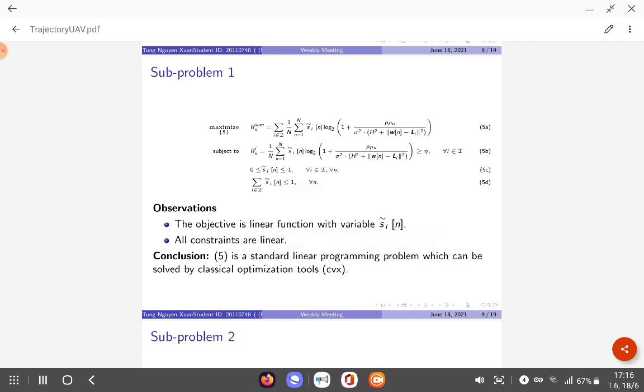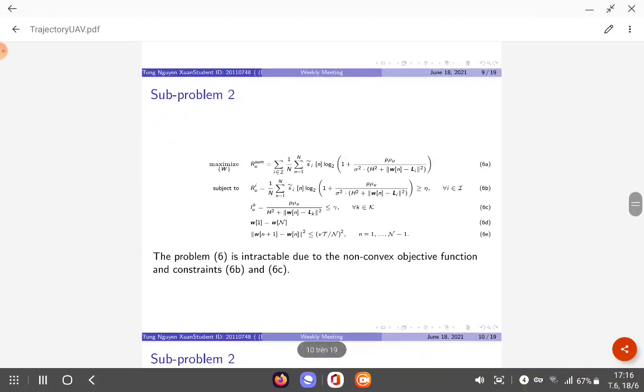The second subproblem is the problem about trajectory, with constraints about achievable rate, the interference from the UAV to users served by the base station, and the trajectory constraint about the maximum distance of movement.